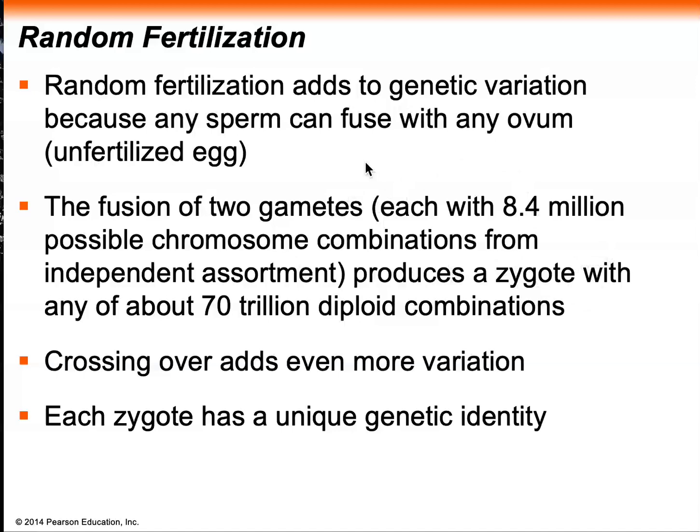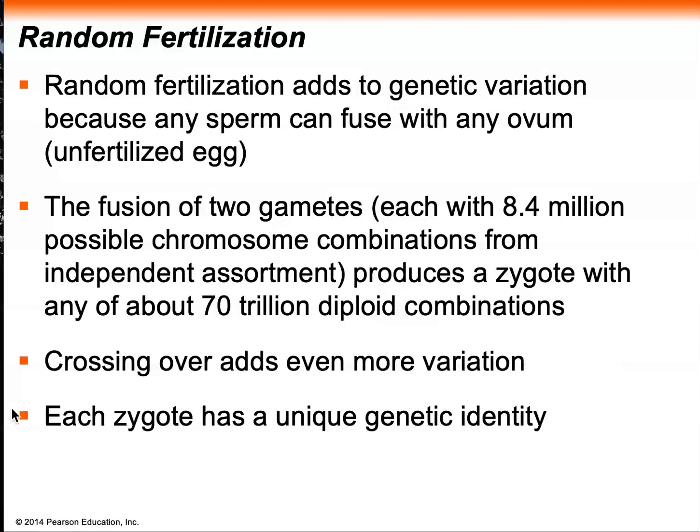And then it's pretty much random as to which oocyte and which sperm are going to fuse during fertilization. That calculates out to about 70 trillion different possible diploid combinations of zygotes that could be created. And even more when you throw in the crossing over that can happen.